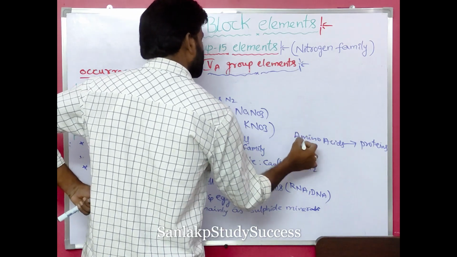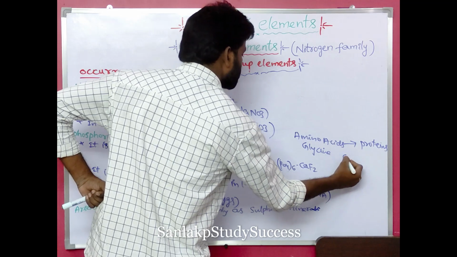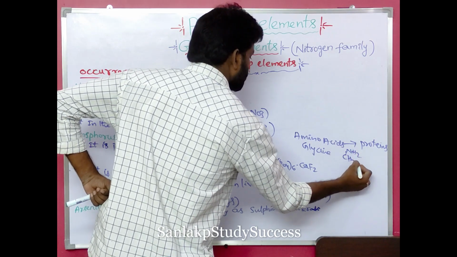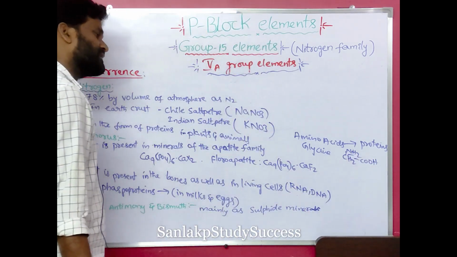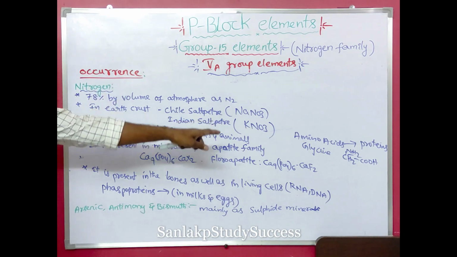If you take an amino acid like glycine, what is the formula? CH2NH2COOH. So it contains nitrogen. All amino acids contain nitrogen, in the form of proteins in plants and animals.